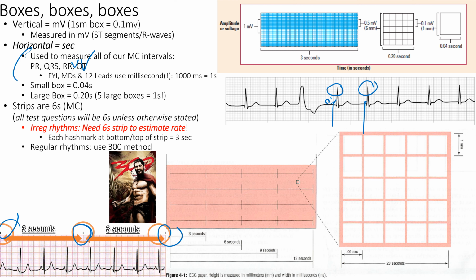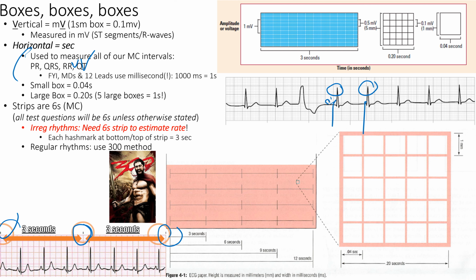If you're looking at an irregular rhythm, you need 6 seconds to calculate the heart rate, right? Because you estimate the heart rate based on how many R waves there are in that strip, okay? You need 6 seconds to do the estimation correctly. For regular rhythms, you can count the number of R waves in a 6-second strip and multiply by 10, which is the shortcut for irregular rhythms.